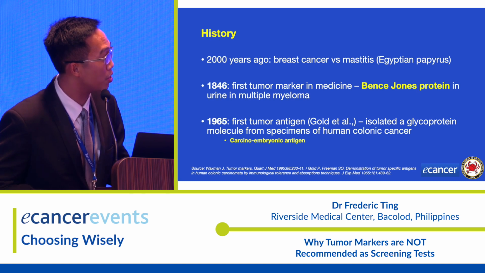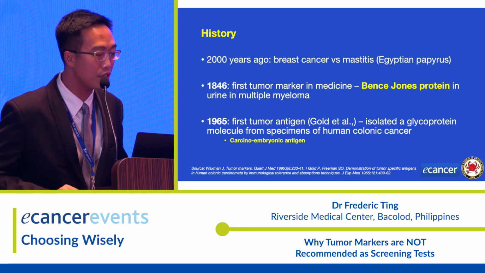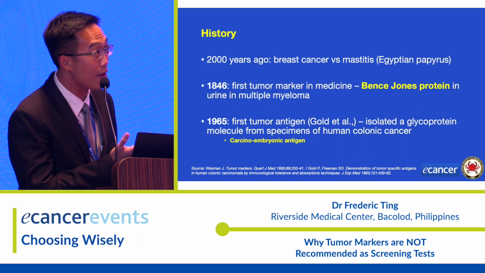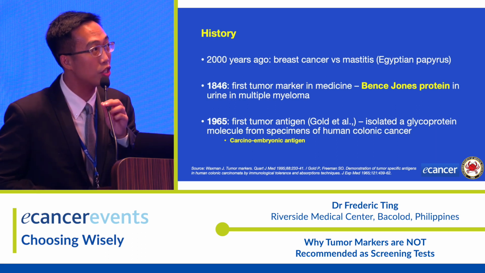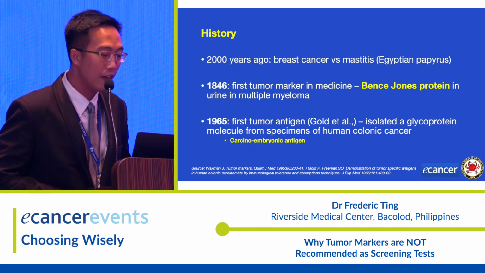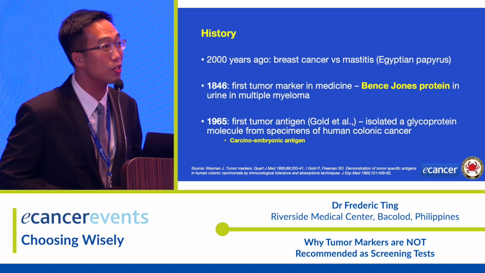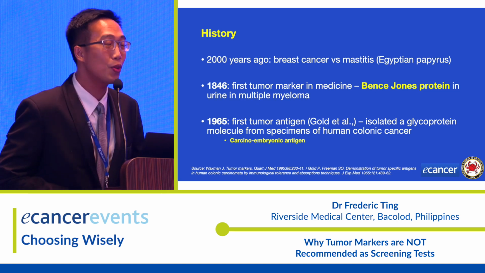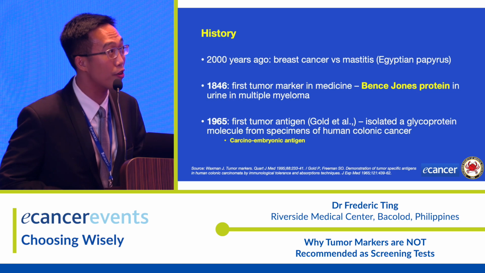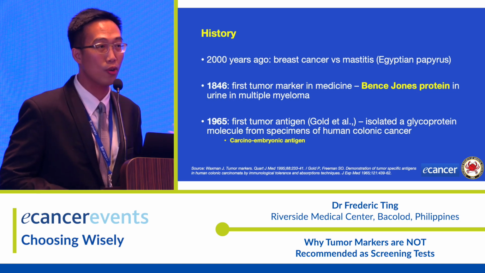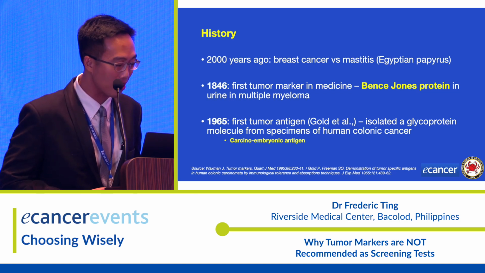So just a bit of a backgrounder. The history of tumor markers started 2,000 years ago, when evidence written on an Egyptian papyrus was discovered, where a substance was identified to differentiate breast cancer from mastitis in patients with a lump on their breast.